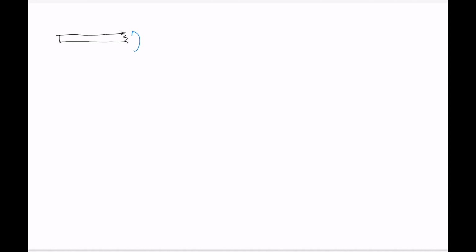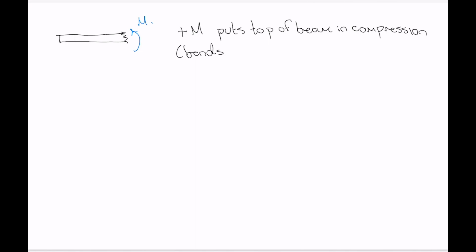So that's an internal moment that acts like this. So positive M puts top of beam in compression. The top of the beam is in compression when the beam bends into sort of a smiley face configuration.